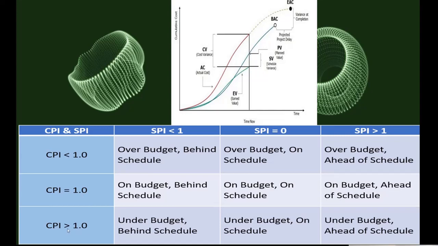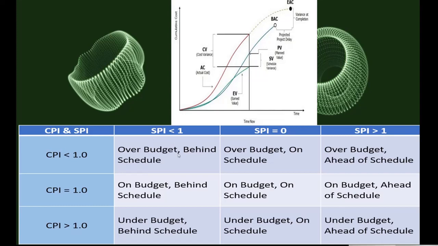And in this scenario, CPI is greater than 1. That means it is under budget, and behind schedule. And this one is on schedule, under budget. And this one is ahead of schedule, under budget.